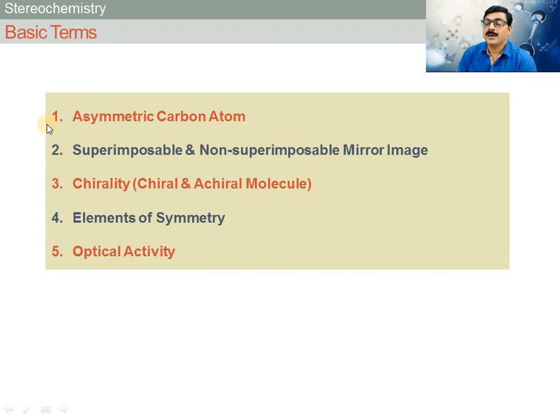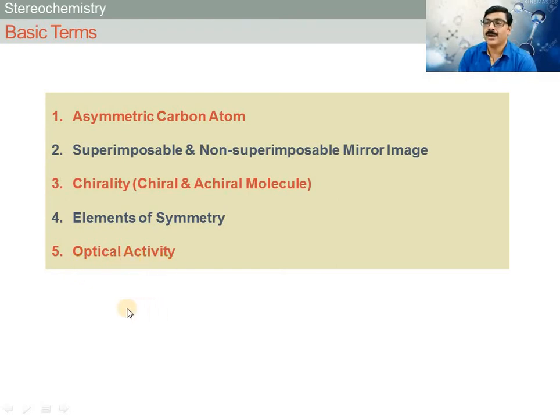that is asymmetric carbon atom, then superimposable and non-superimposable mirror image, third chirality, that is chiral and achiral molecule, fourth one is element of symmetry, and fifth one is optical activity.